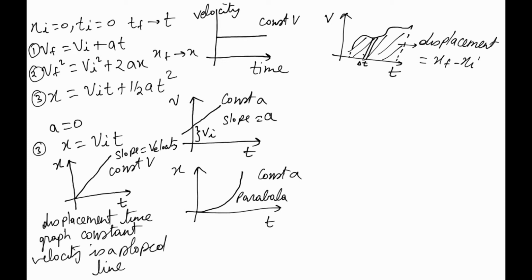The small delta t is the time for which we assume v to be constant, and for this case, we can assume this to be a small rectangle, right? If this velocity is v naught, the area of the rectangle is going to be v naught delta t, the small area.